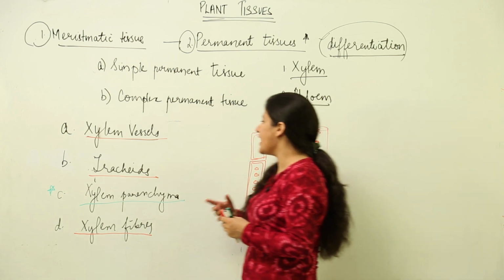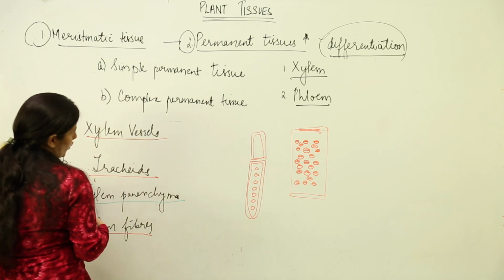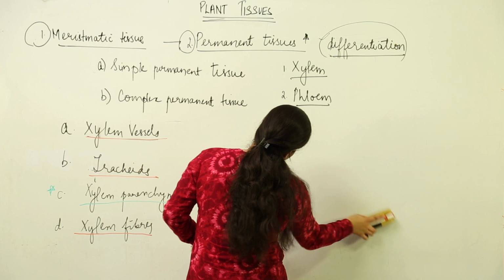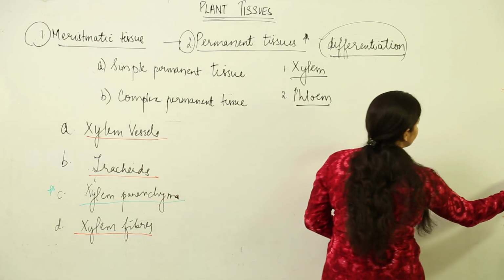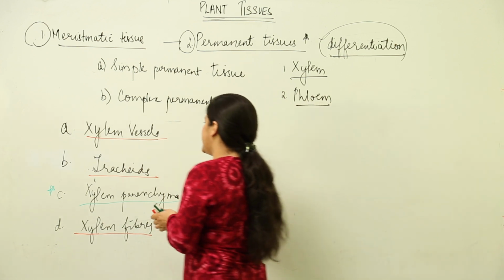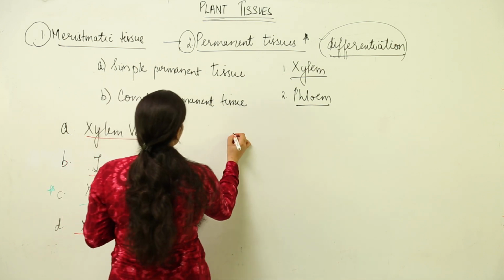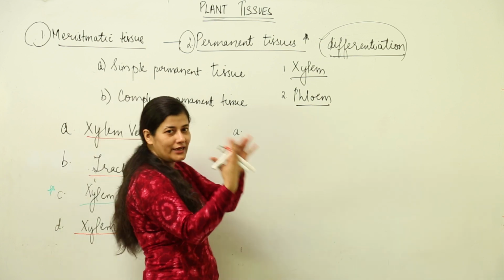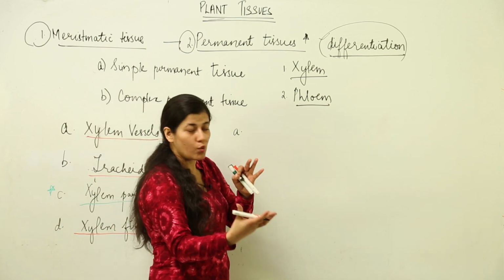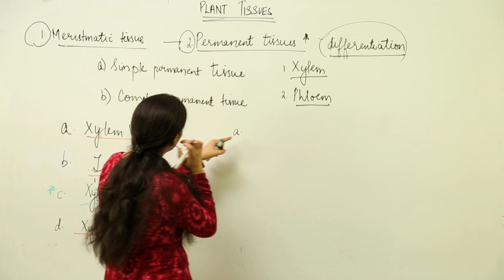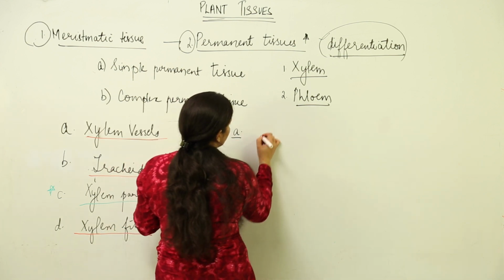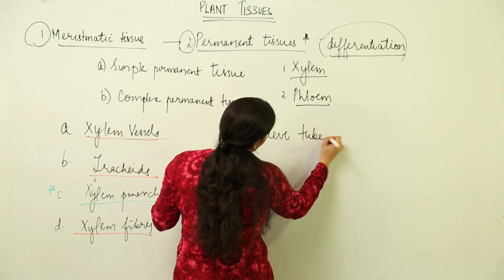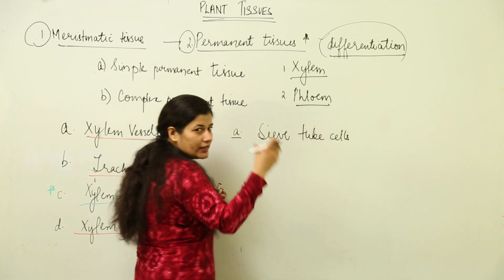Moving further, what we have next is the phloem. Now what is the arrangement of cells in the phloem? Before going to that, we have to see what types of cells comprise phloem. So the first one is, as over here we had xylem vessels that were the main conducting part for the sap or water, in the case of phloem, we have the sieve tubes or the sieve tube cells, the main conduction.